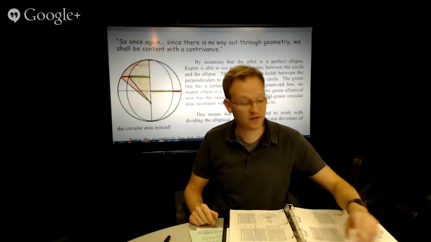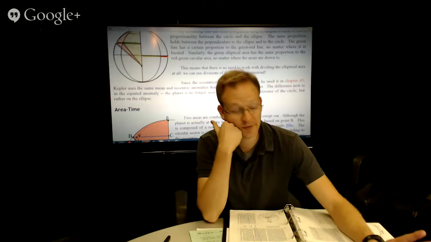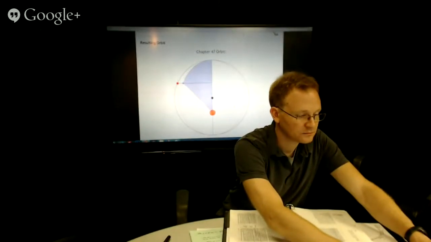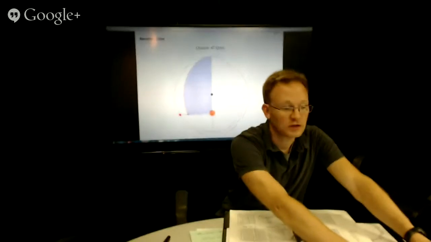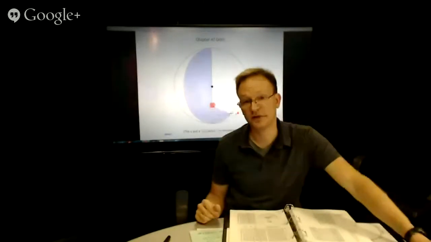So in chapter 47, he applies area time to measure out where would the planet be on an ellipse. And this is what he gets. There's his ellipse. Let's take a look at that. So that's the ellipse of chapter 47.